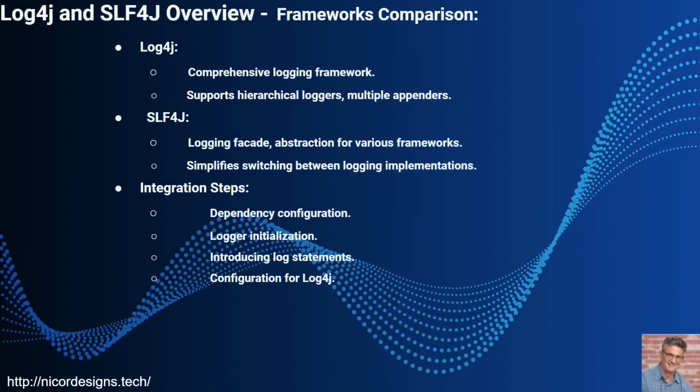And then when we compare our frameworks, we basically see that Log4j is an actual comprehensive logging framework, whereas SLF4J is a facade that allows you to swap out the underlying logging implementation. And then we'll look at the integration of these two frameworks into our charity registration application.